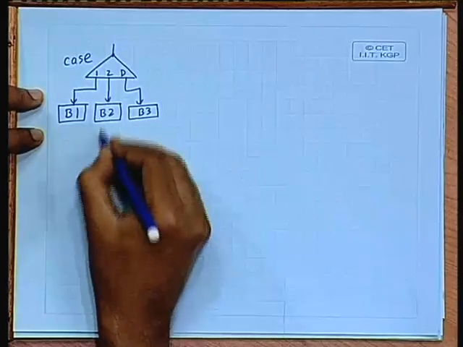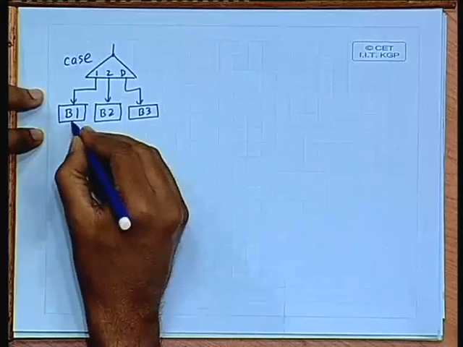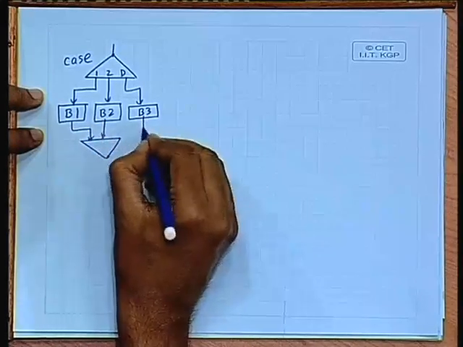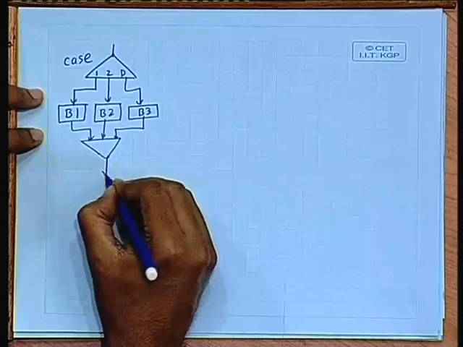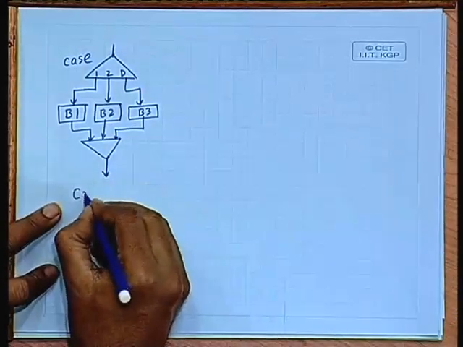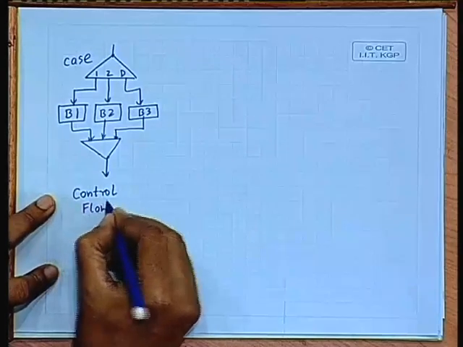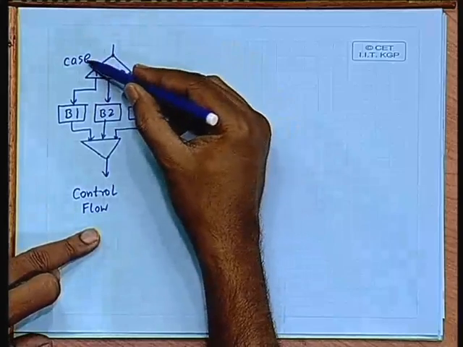Now after that, again the control will be merging these 3 traces and it will be single trace of control will emerge. Now, this is the control flow description. Now, control flow description actually will be checking the value of case.